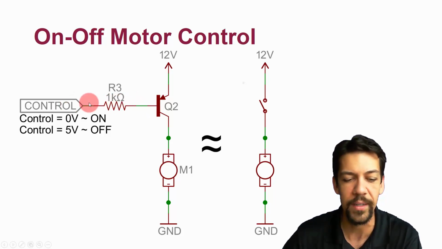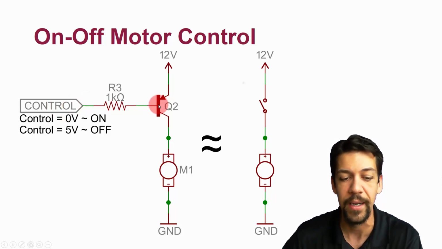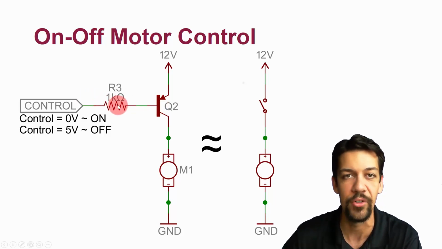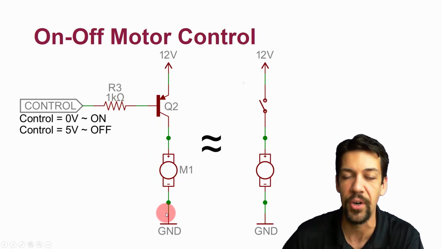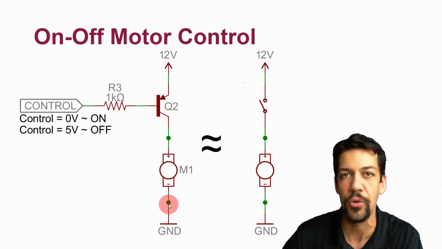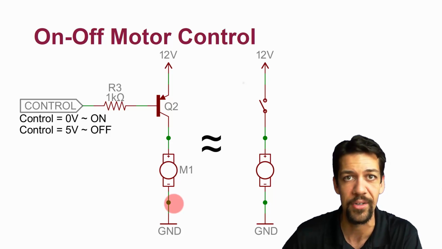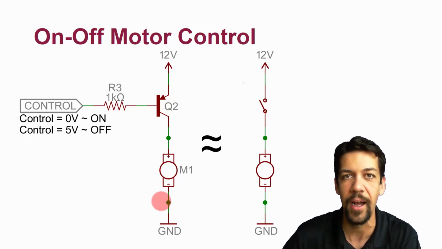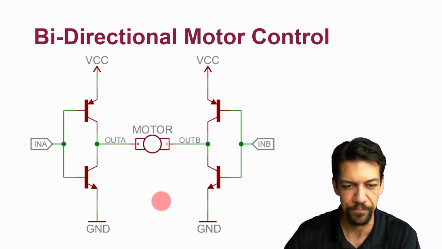So in this case, we can turn off the transistor with any voltage we want by adding 5 volts to it, but to activate it, we can drive it active low, and that causes current to flow through it. So this is a great simple on-off motor control when we only need unidirectional behavior, when we only want to turn the motor on in one direction, the same direction every time. That's a technique that we can use.